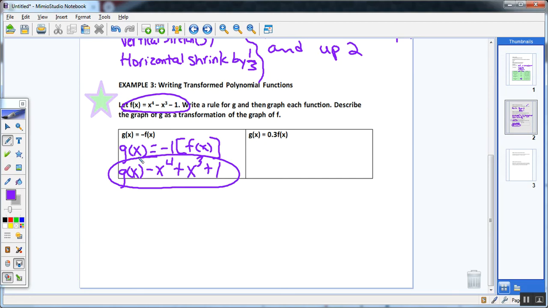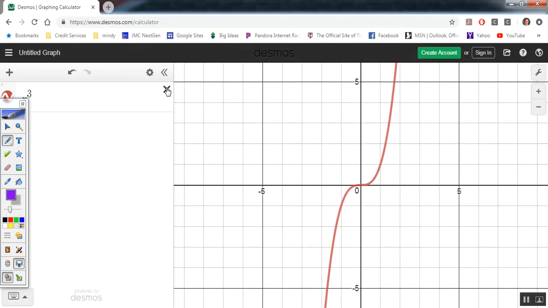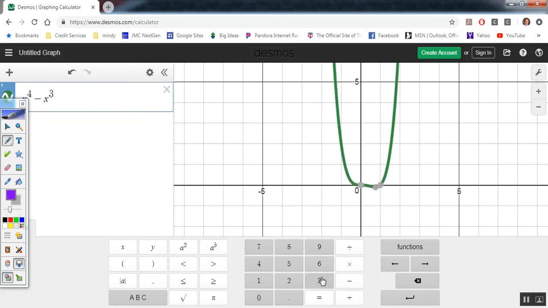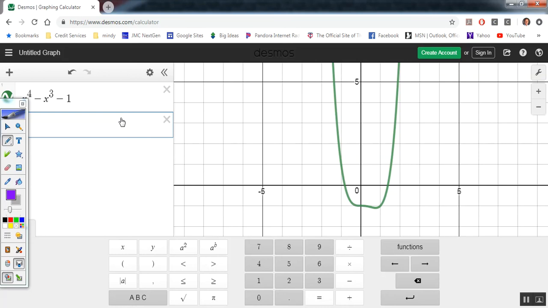Let's just double check this, okay? The original function was x to the fourth minus x to the third. Was it minus 1 or plus 1 to begin with, kids? Minus 1. There's the original one. This should get flipped over the x-axis. Let's see if that happens with what we came up with. What did we come up with?